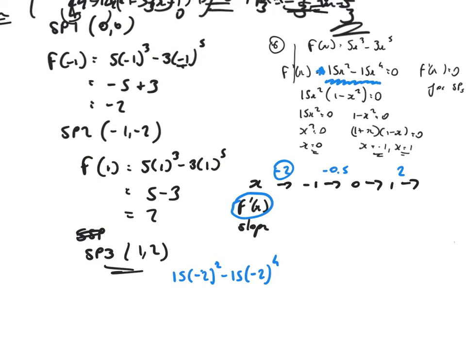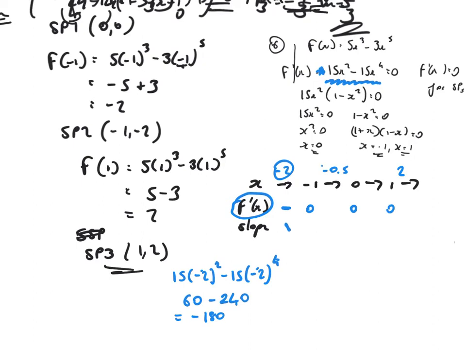Okay, minus 2 squared is 4. 4 times 15 is 60. Minus 2 brought to the power 4 is 16. And then 16 times minus 15 is going to give me minus 240. Okay, so the important thing then is that is a negative result, and the curve is going down the way. I've got zero gradient here, here and here.